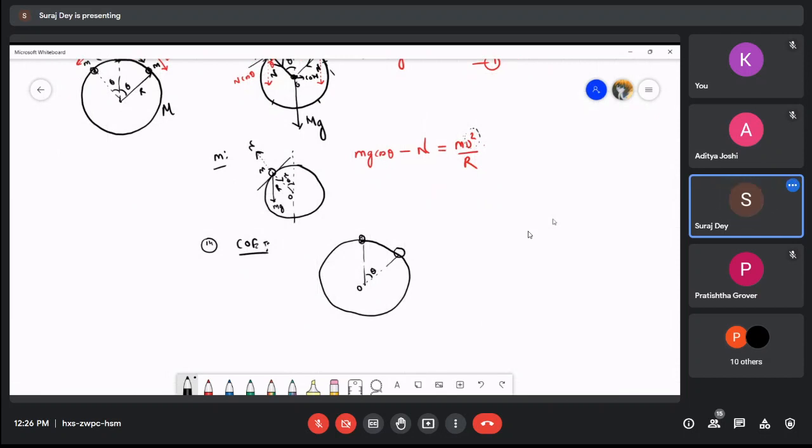Now the potential energy in this case is due to the gravitational potential energy, right? U equal to mgh, and this h is the vertical displacement that these masses have suffered. So coming from here to here, the vertical displacement is this.